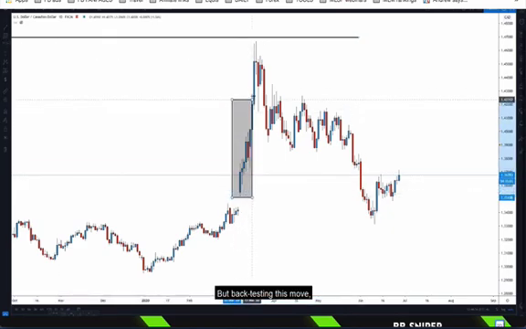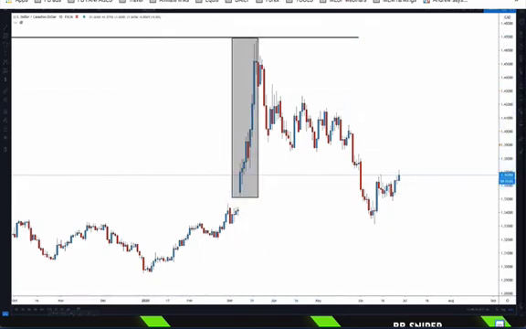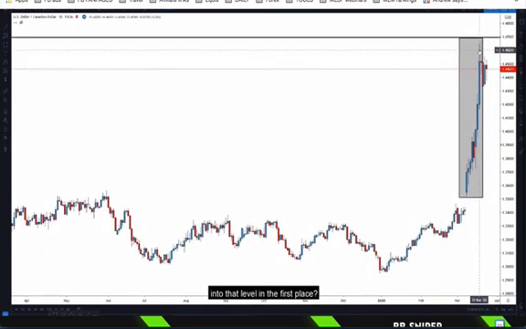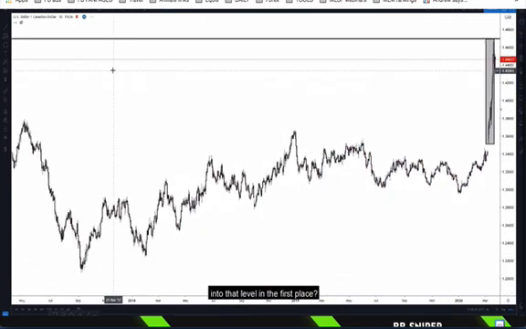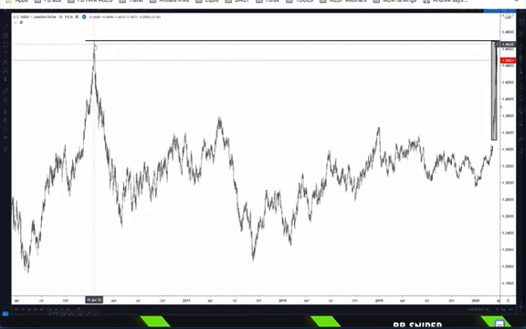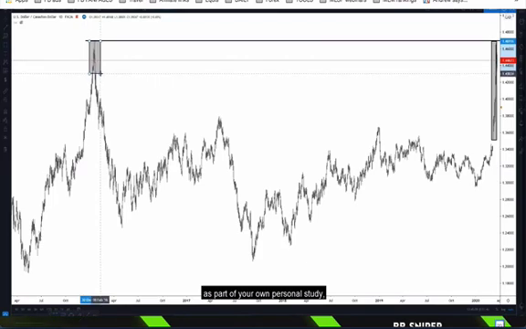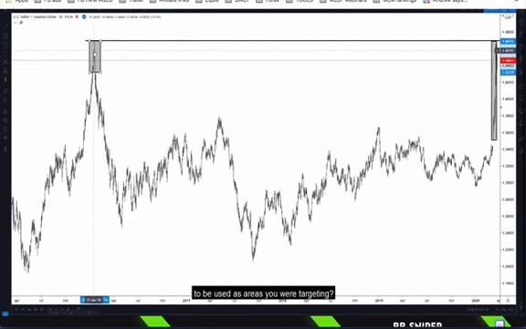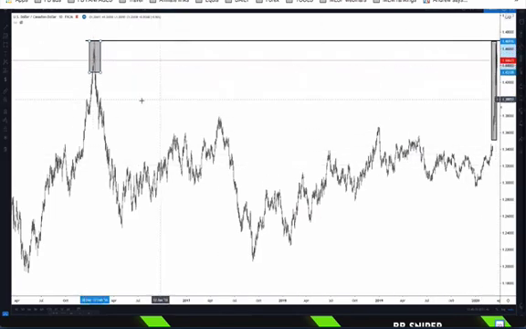But backtesting this move, the one that brought us up to that level in the first place, whether you analyze in here as part of your own personal study to see what clues you could have seen within this price action the last time we were up at these levels to be used as areas you were targeting.